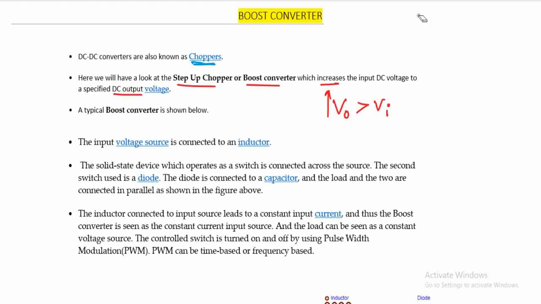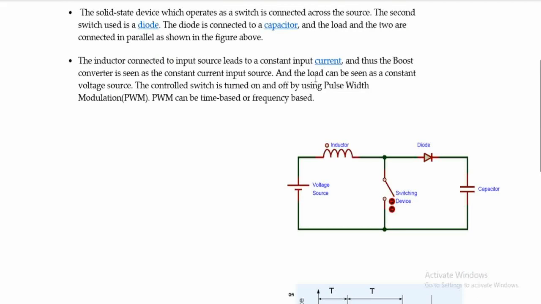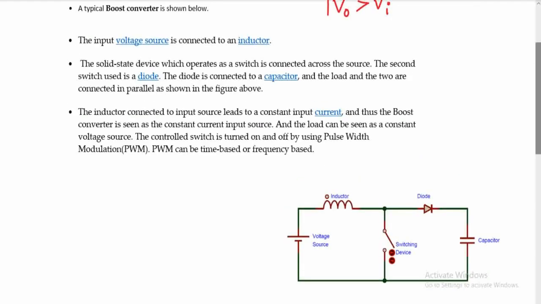Let us see the circuit diagram for the boost converter, or step-up chopper. Here we have a DC voltage source Vs or Vi, and we have connected an inductor, and this is the switch.